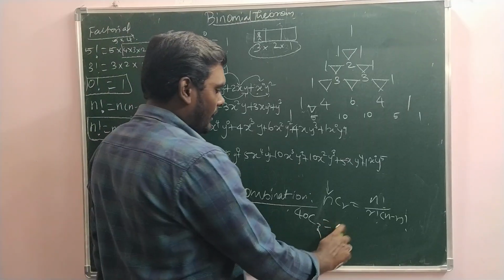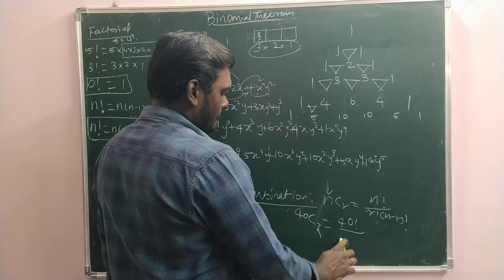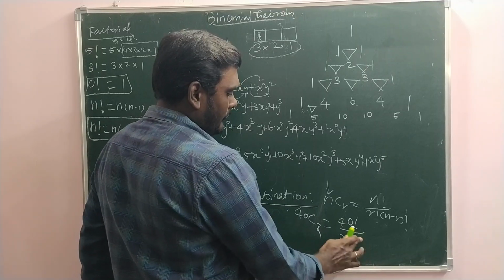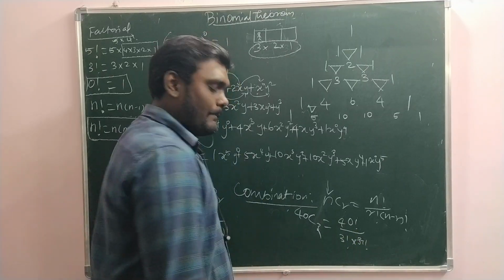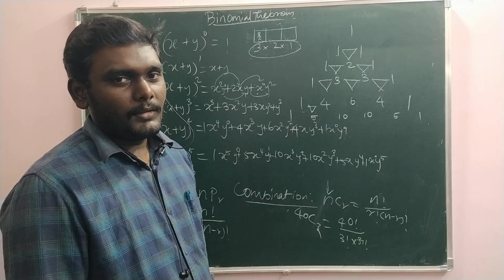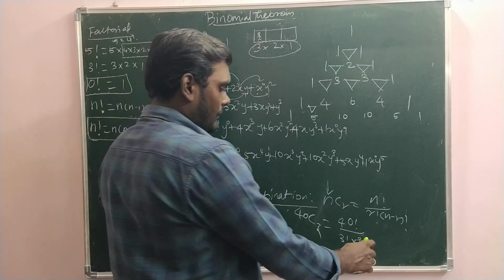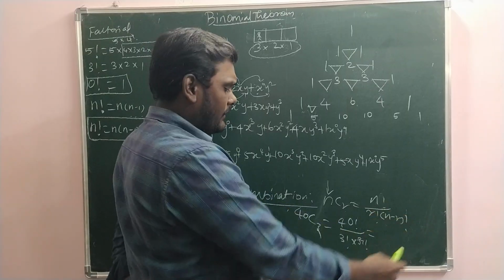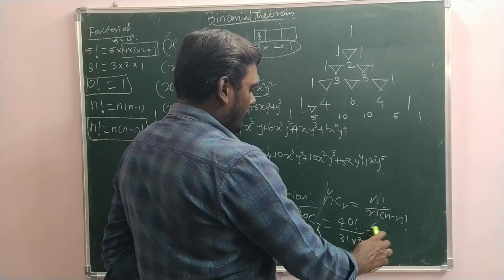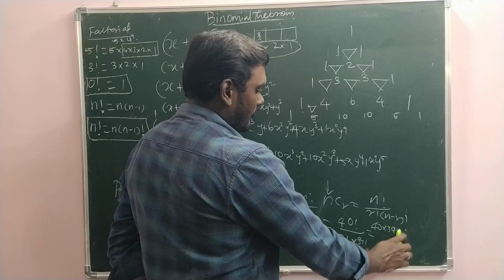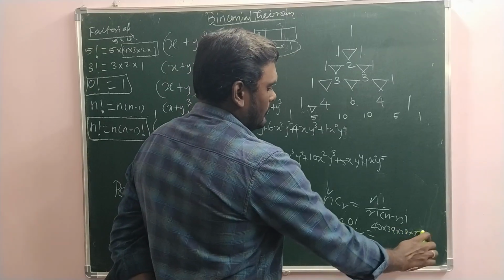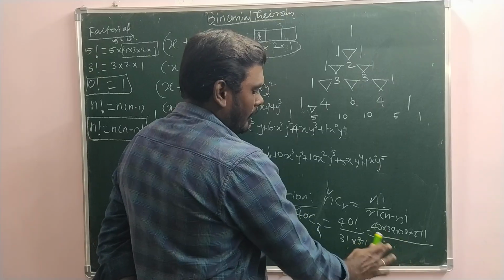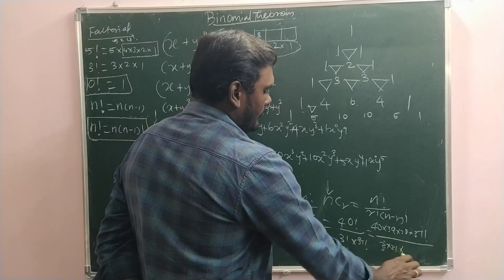So we will have 40 factorial by 3 factorial into (40 minus 3) factorial, which is 37 factorial. Now we can expand this like 40 into 39 into 38 into 37. Here we have 3 factorial, which means 3 into 2 into 1.